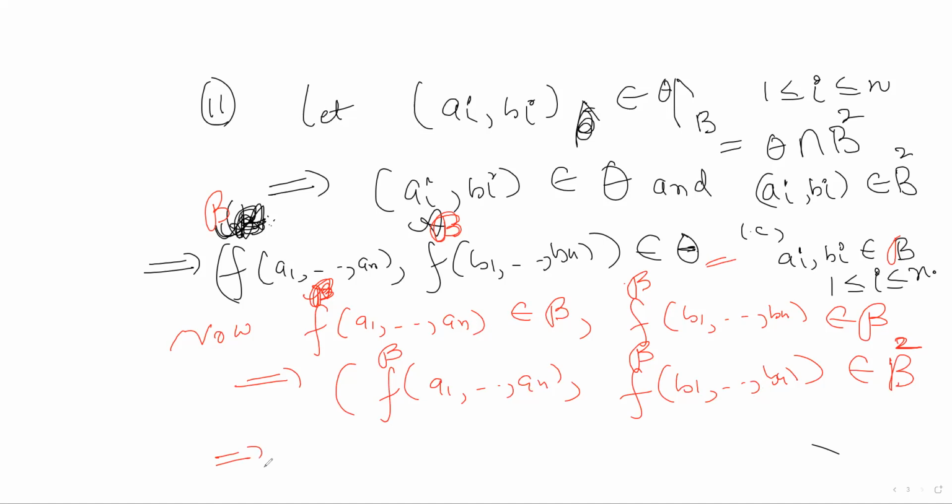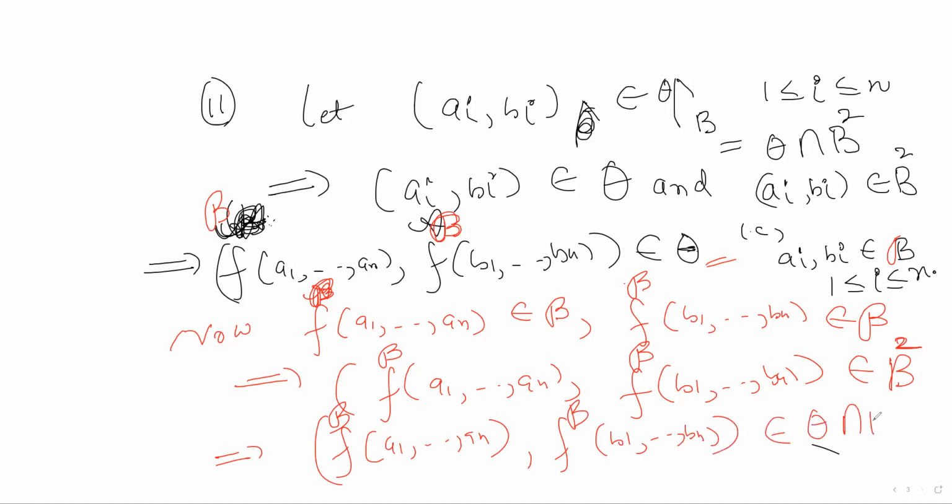So this means this pair f_B of a1 so on an comma f_B of b1 so on bn belongs to theta intersection B square, which is nothing but theta restricted on B. So therefore, this theta restricted on B has the substitution property.